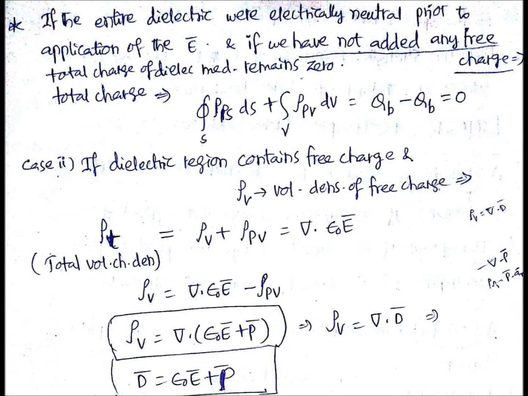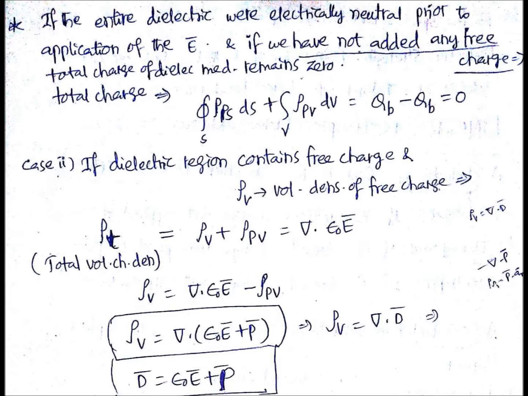So here if you write rho v equals the divergence of epsilon naught E bar minus rho pv, I am taking that rho pv to the other side. So with this you will get rho v equals the divergence of (epsilon naught E bar plus P bar), the divergence of the whole thing, because rho pv is nothing but minus divergence of P bar.